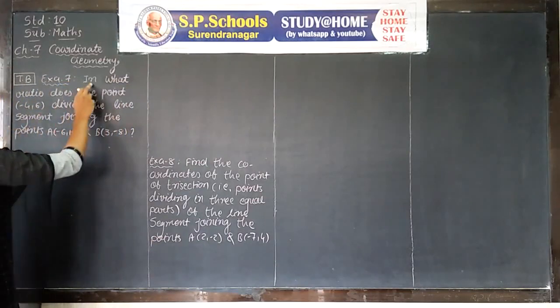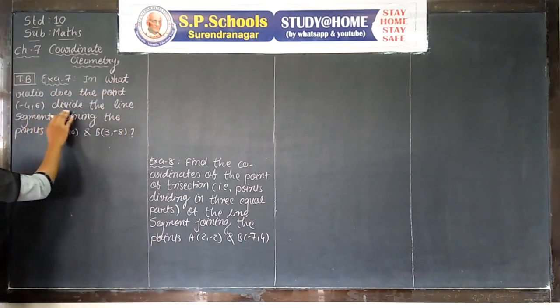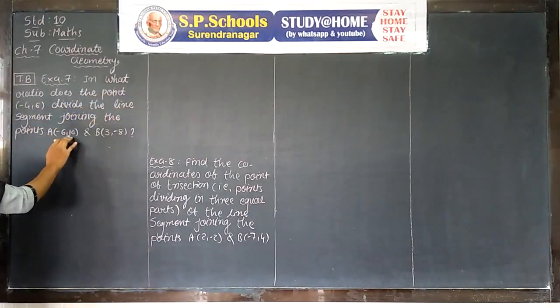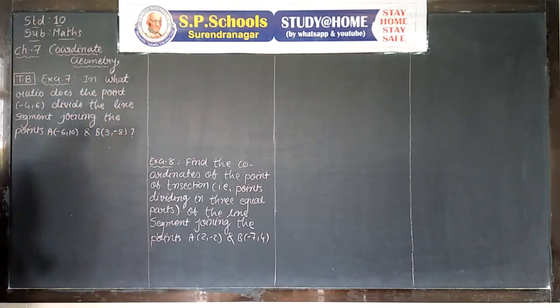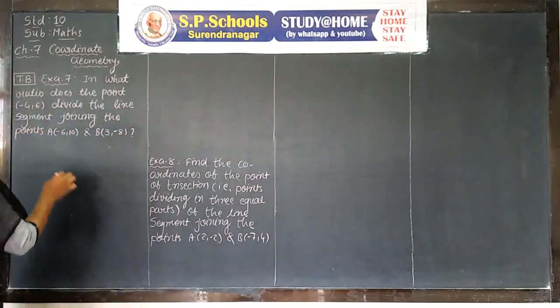Example 7: in what ratio does the point (-4, 6) divide the line segment joining the points A(-6, 10) and B(3, -8)? One line segment is given, line segment AB.